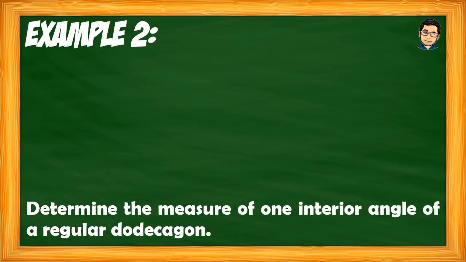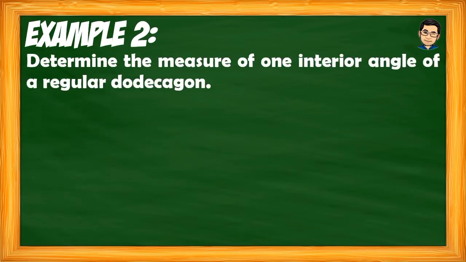Next example. Determine the measure of one interior angle of a regular dodecagon. Okay, so the dodecagon is a polygon with 12 sides. So yung do kasi means 2. And then deca, 10. So 2 plus 10, that is 12. So n is equal to 12.